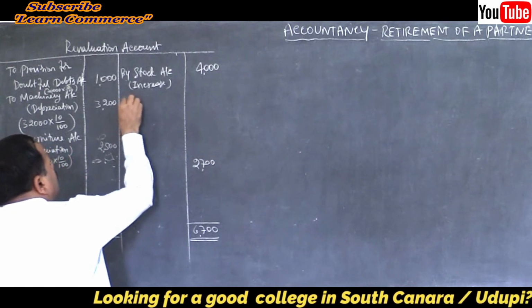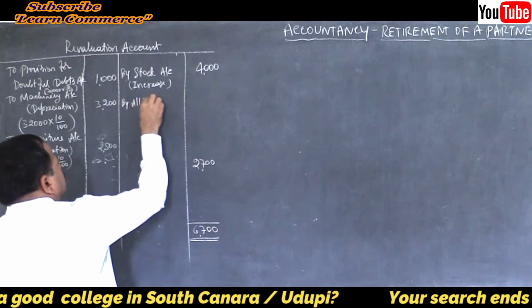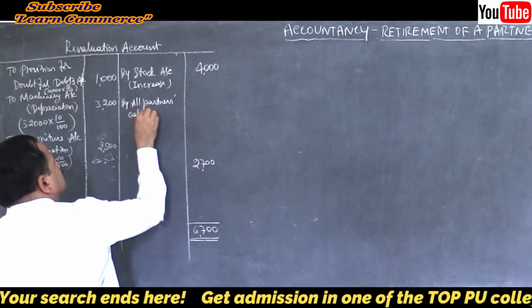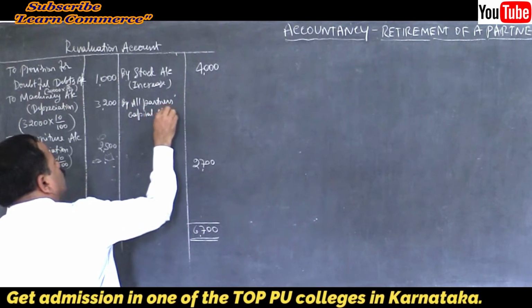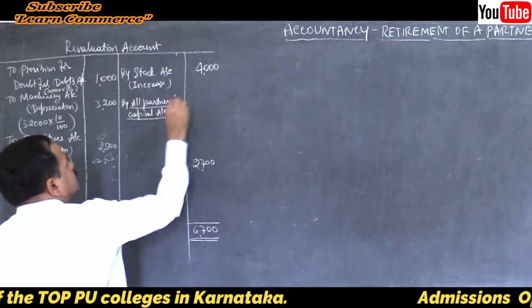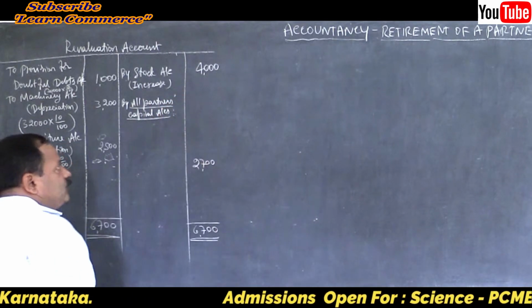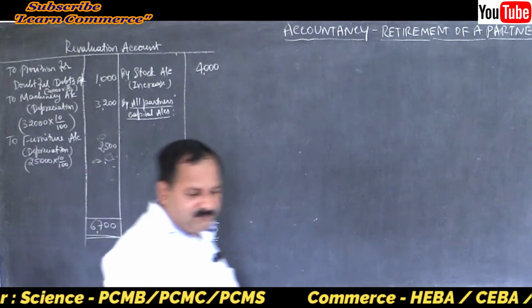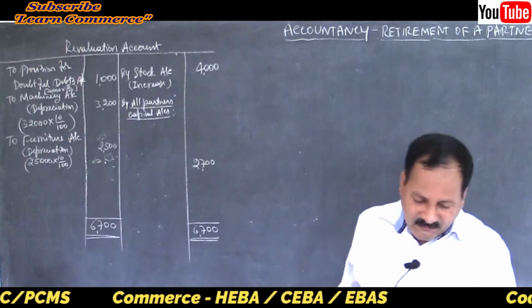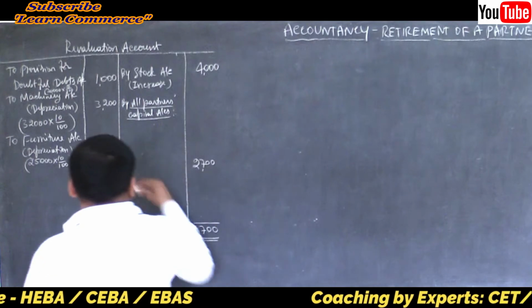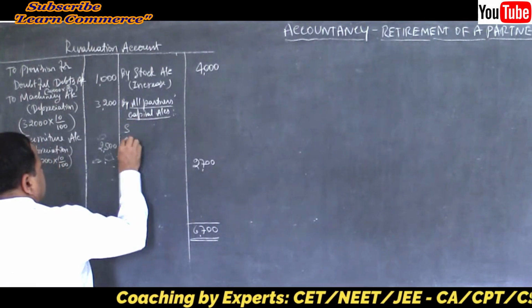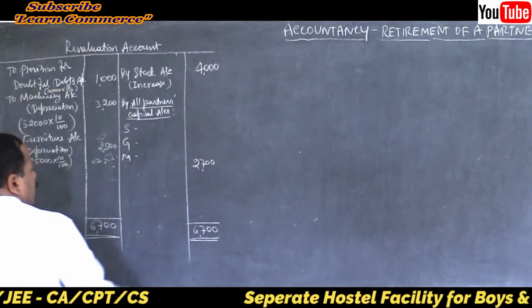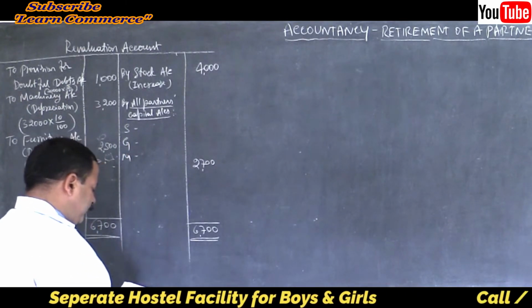2,700 by all partners' capital accounts. What is this? This is loss on revaluation, right? Who are the partners? Shrikant, Girish and Manju. Write the names in full.